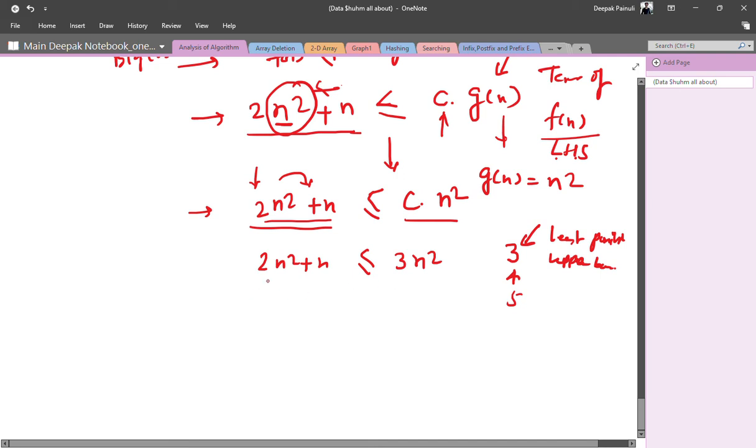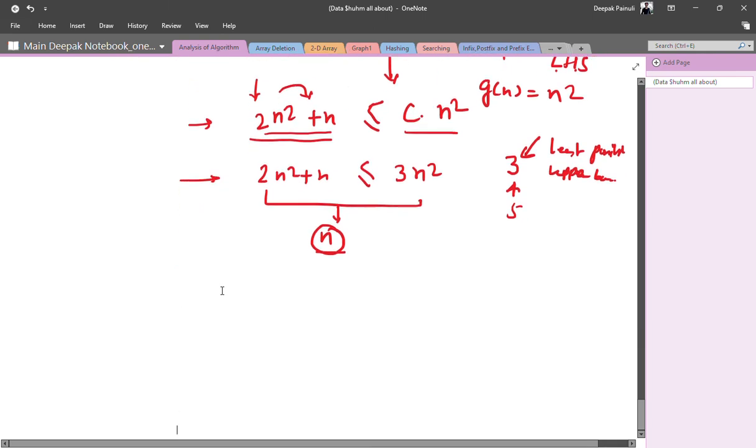So now come to the value of n. What should be the minimum value of n for satisfying this equation? We want to find the minimum number of inputs for your algorithm for which this relation holds true.